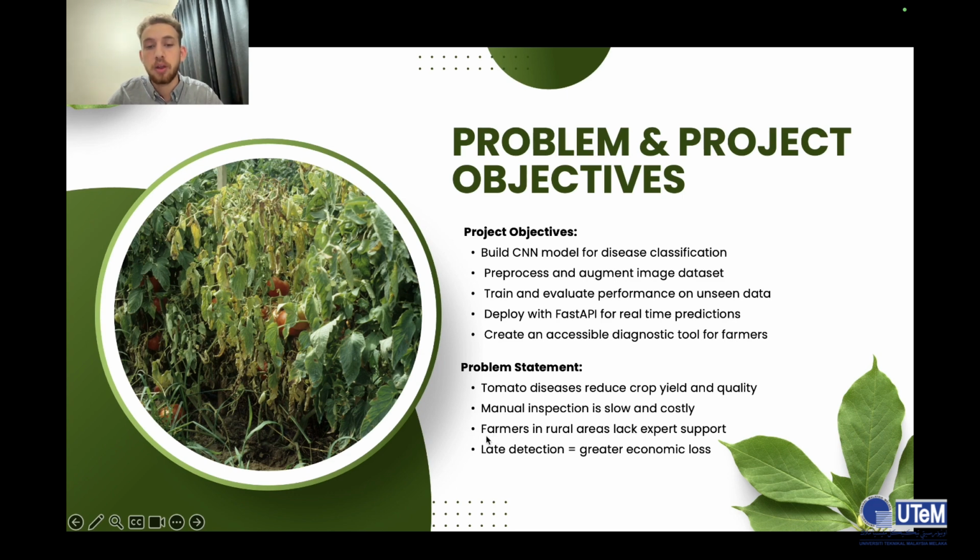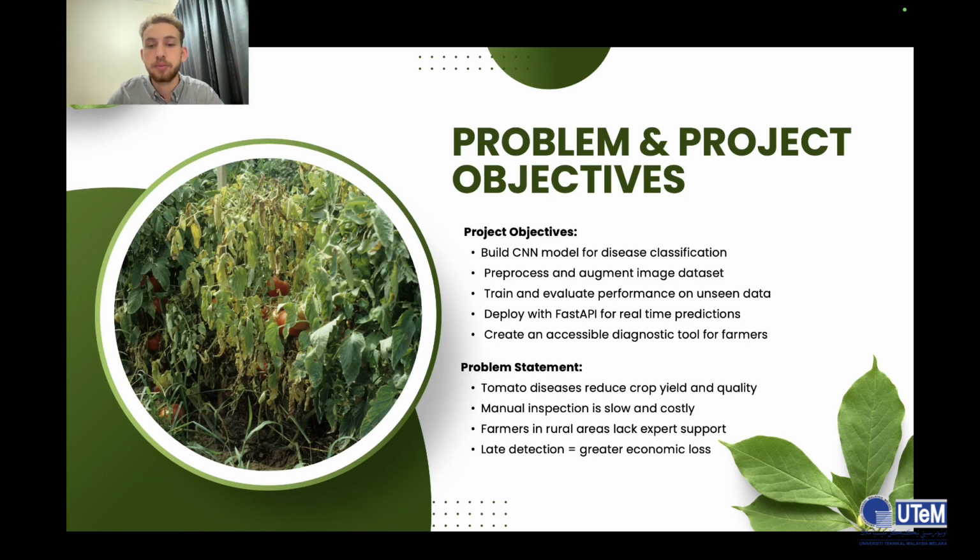The third one is that farmers in rural areas lack expert support. They don't have any expert supporting them. And the fourth one is that late detection creates economic loss. When the tomato disease is detected late, it will damage the tomato crop on your farm.